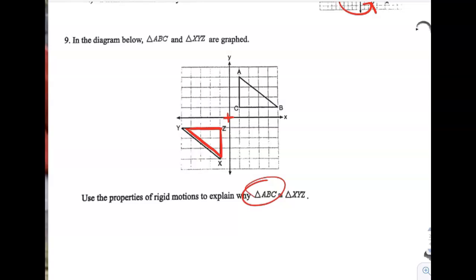Rotations are rigid motions. Rigid motions preserve angle and distance, which is why you have congruence. So because it was a rotation, which is a rigid motion, which preserves angle and distance. Make sure you're writing all that out.